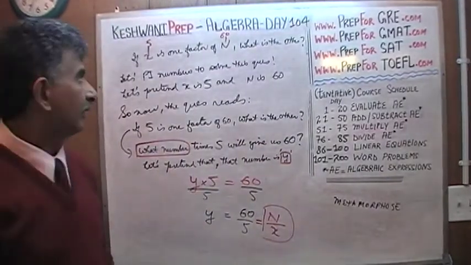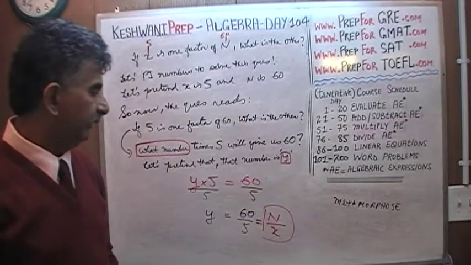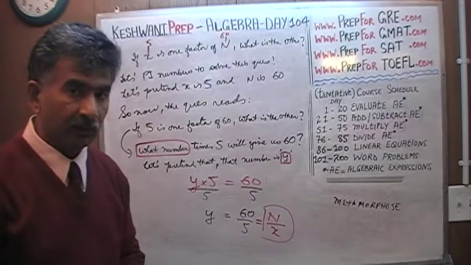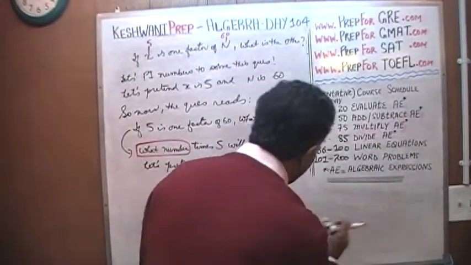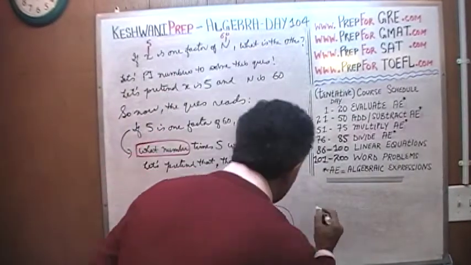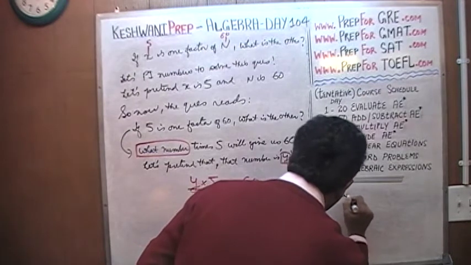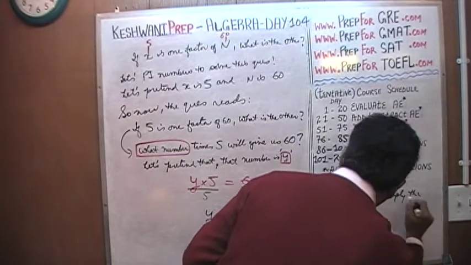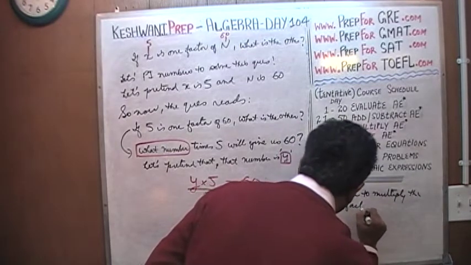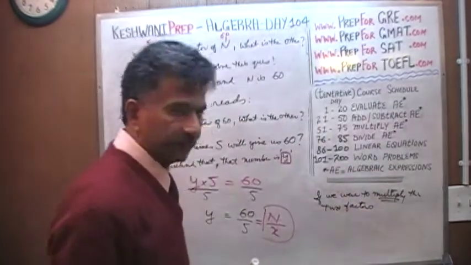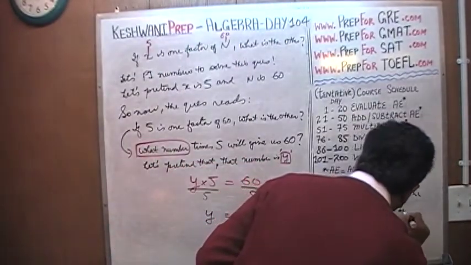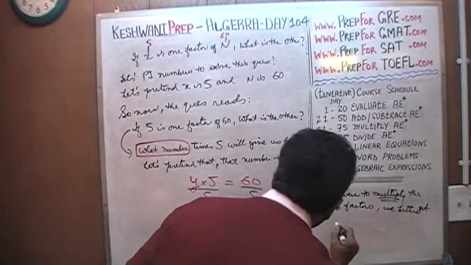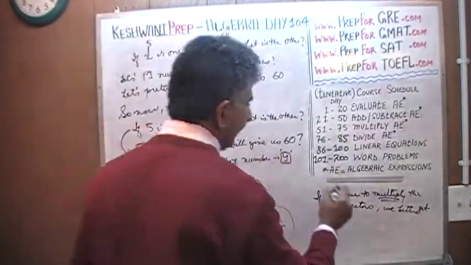If x is one factor of n, what is the other factor? The other factor must be n over x. Why? Because if we were to multiply the two factors together, we better get the whole thing, the n.